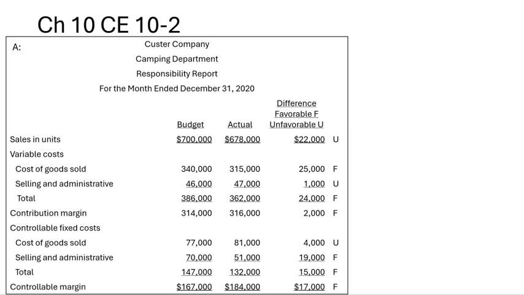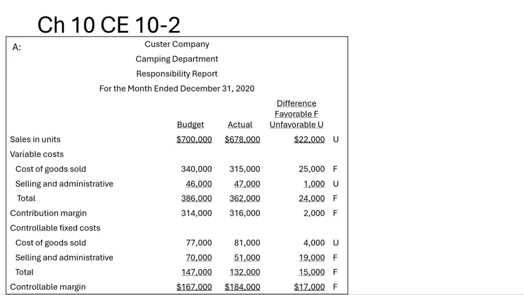Then we subtract that from our sales and we get our contribution margin. Then we subtract our controllable fixed costs, both cost of goods sold and selling and administrative, and that gives us our controllable margin. So we budgeted $700,000 of sales and $167,000 of controllable margin.